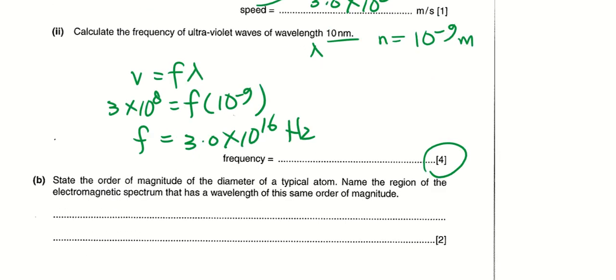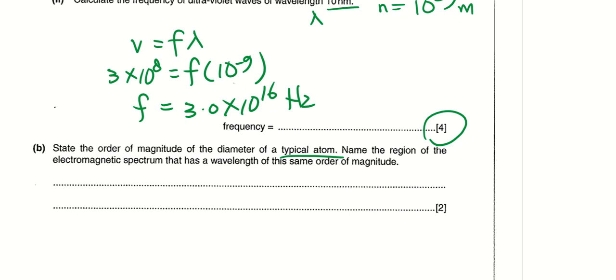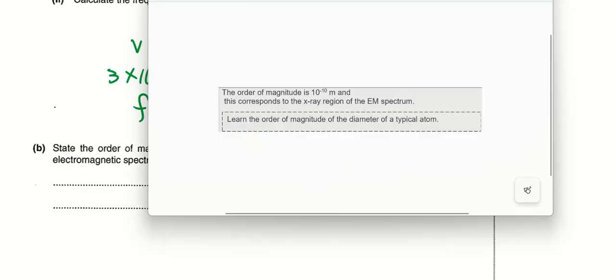Now, state the order of magnitude of a diameter of a typical atom. Then name the region of the EM spectrum that has a wavelength of this same order of magnitude. Wow. So, even for me, I won't really memorize it.